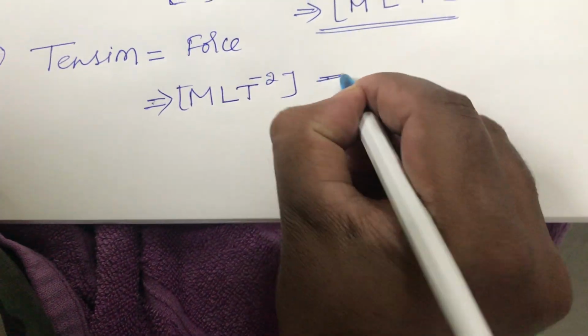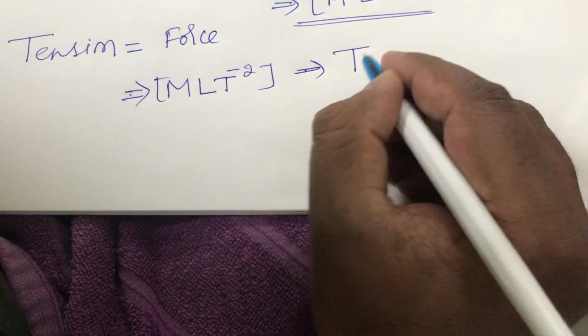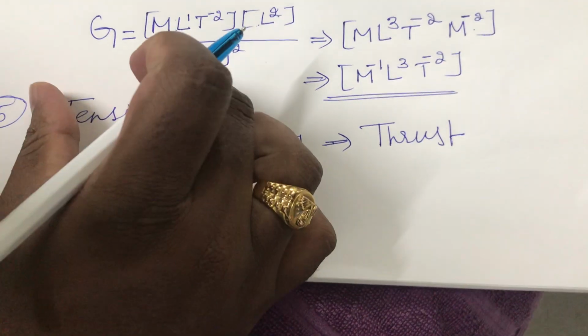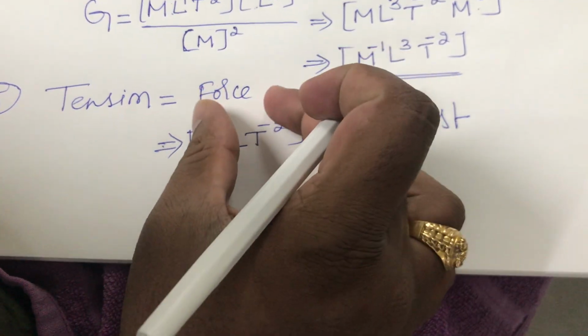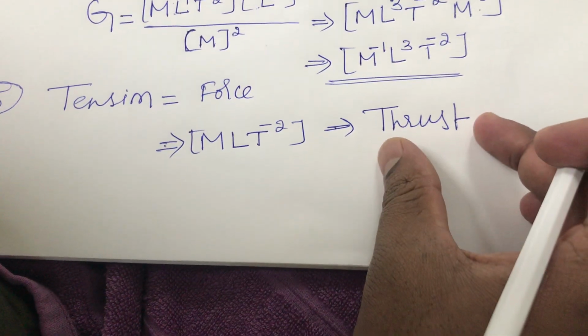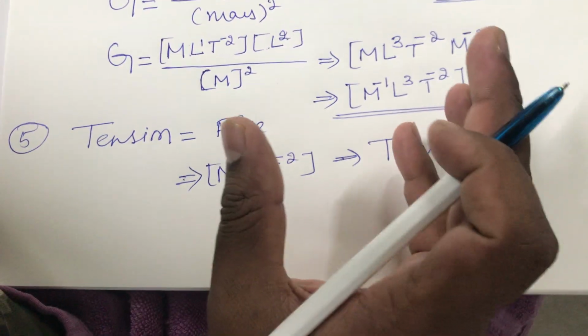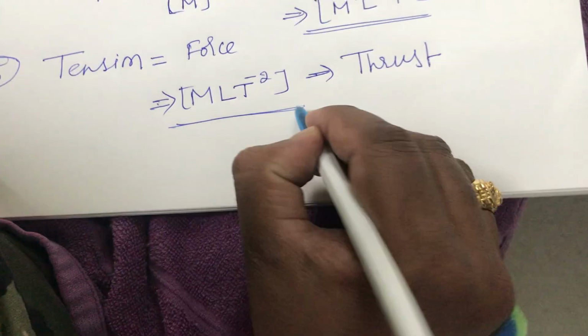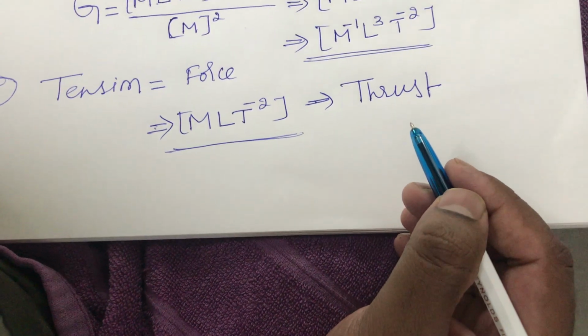Also we can call it a thrust. This is also nothing but tension. Tension can be considered as a force, the force can be considered as a thrust, but these are different situations, okay. This will be discussed in my next videos, okay. This is the dimensional formula for tension, okay.